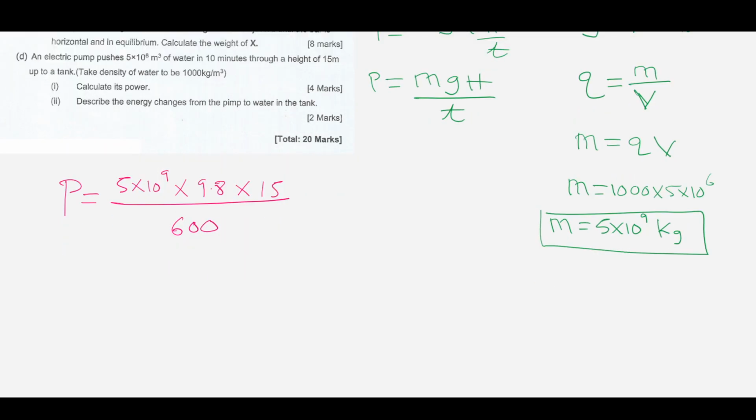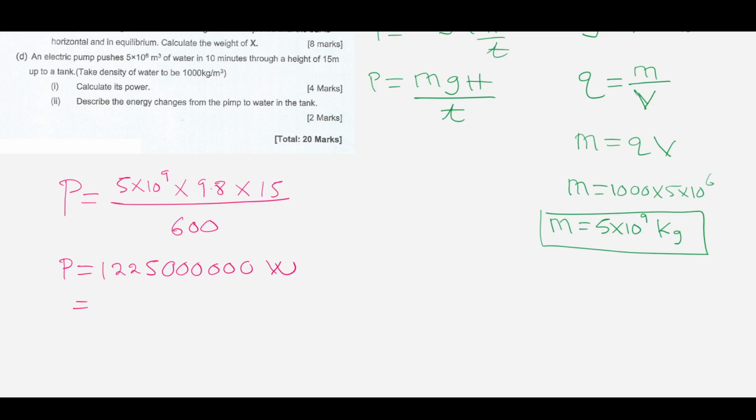Okay, so we have power equal to 1... okay, so this is in watts.